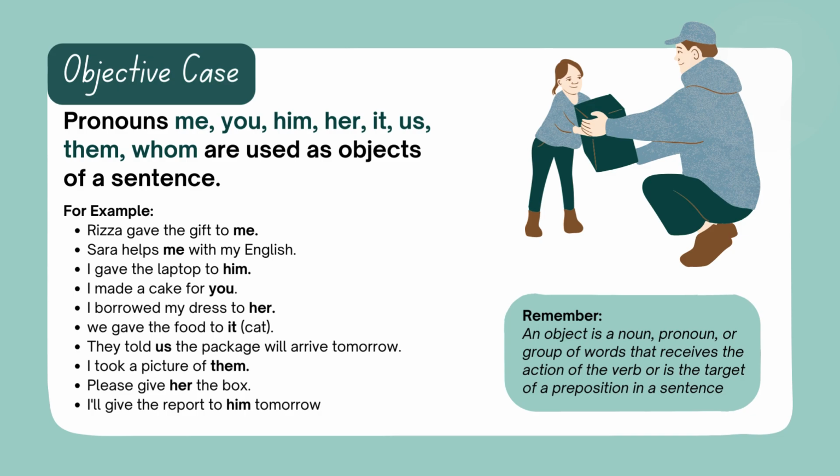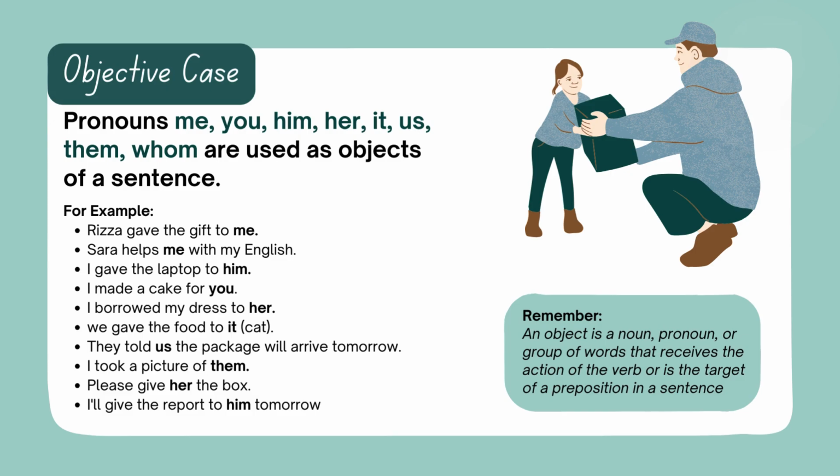All right. Sarah helps me with my English. Now, if I was to use a subjective, what would I say? All right, let's go. I gave the laptop to him. So in this sentence, you can see that we've used both the subjective pronoun I and the objective pronoun him. All right, so we have I made a cake for you and I borrowed my dress to her.